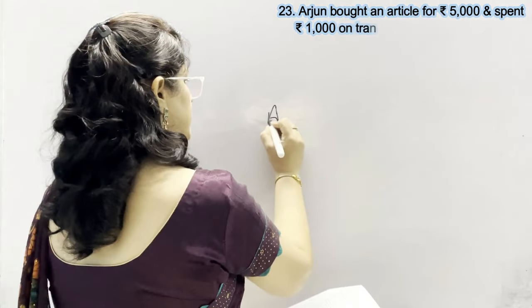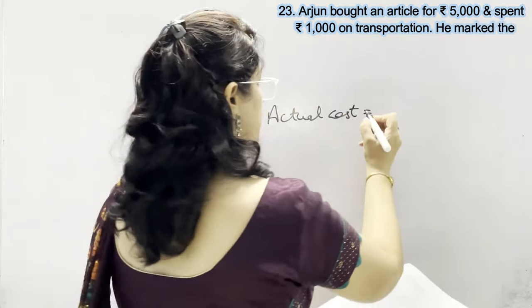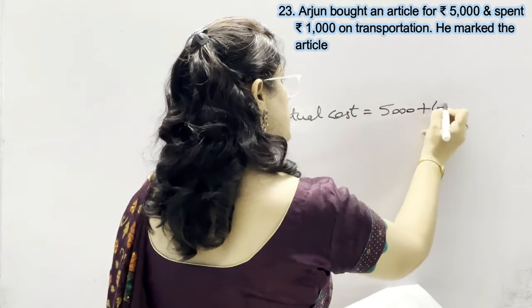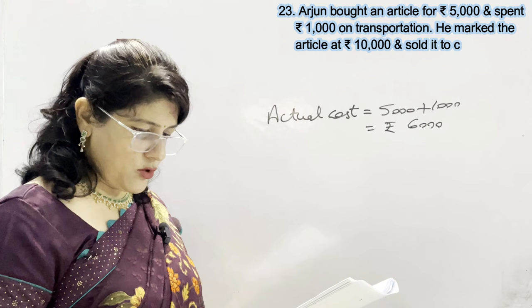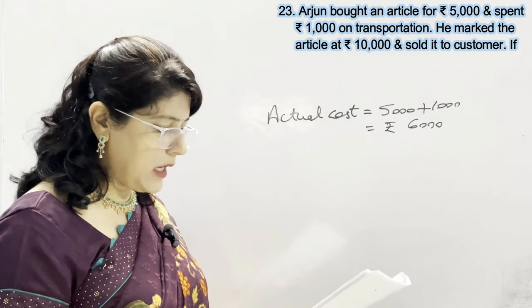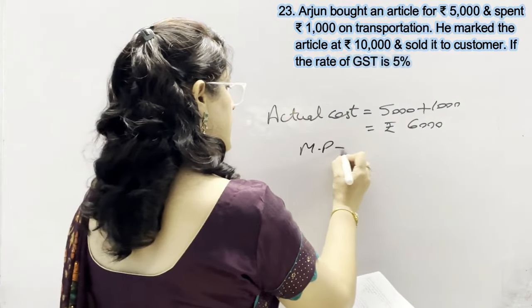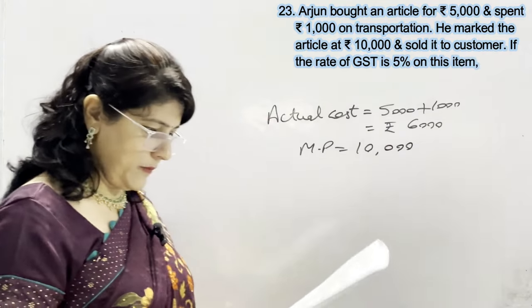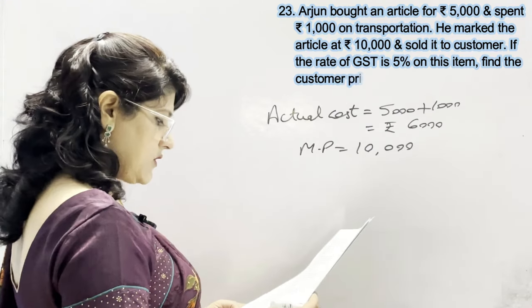In question number 23, Arjun bought an article for rupees 5,000 and spent rupees 1,000 on transportation. So actual cost, it means rupees 5,000 plus 1,000 transportation cost. It means rupees 6,000 is the actual cost paid. Now he marked the article at rupees 10,000 and sold it to the customer. So mark price is 10,000. If the rate of GST is 5%, find the customer price.